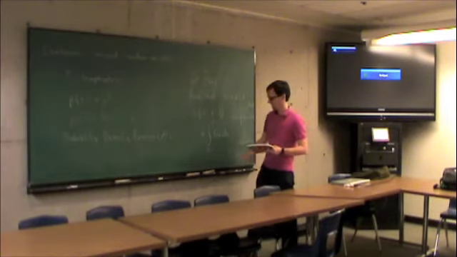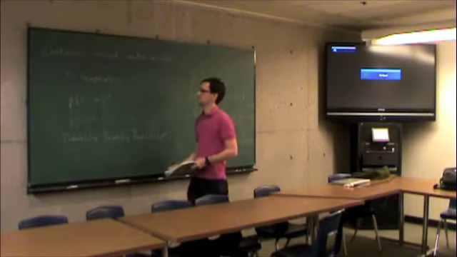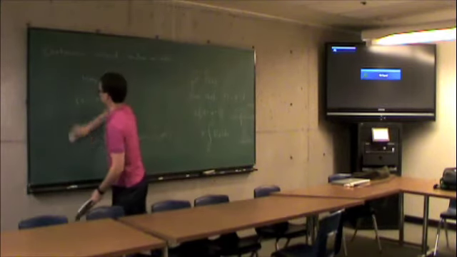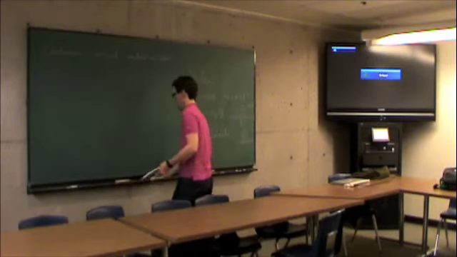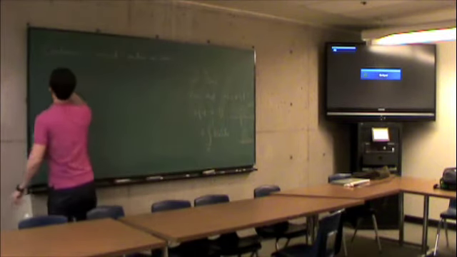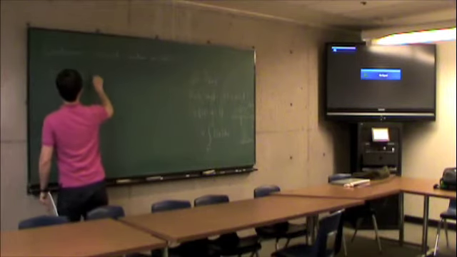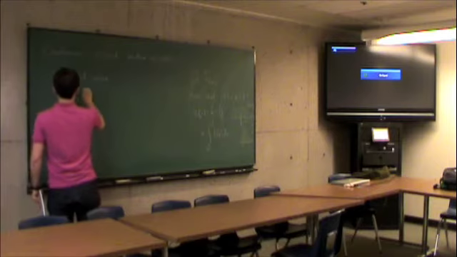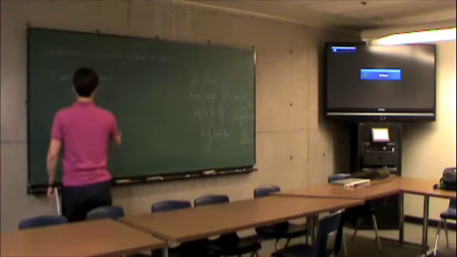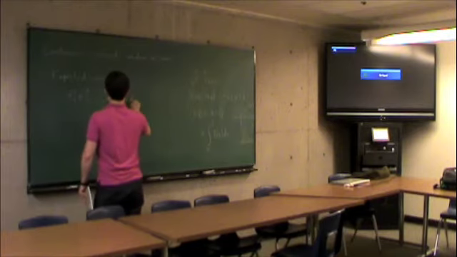Expected value and variance of continuous valued random variables are calculated basically the same way, you just substitute the integral for the sum. So for instance, the mean, expected value of x, is the integral of x times f of x dx.